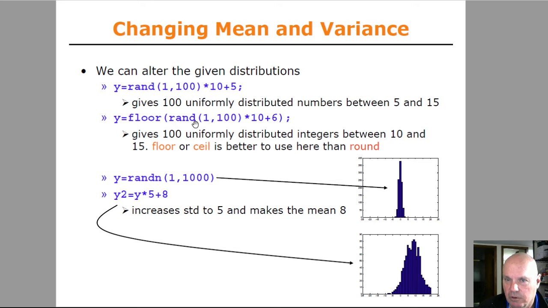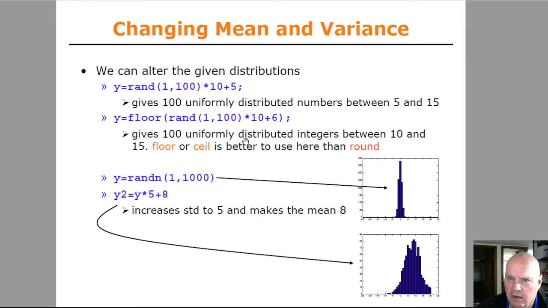So this would give you numbers from 0 just up to 10, add 6, and then this would give you numbers between 6 and just below 16. So if you floor that, we'll get uniformly distributed numbers between 6 and 15 in this case.